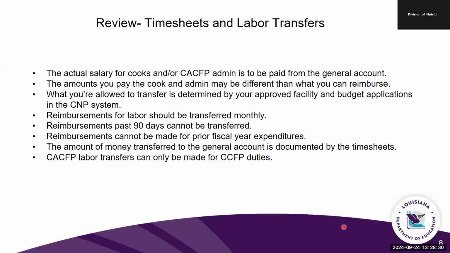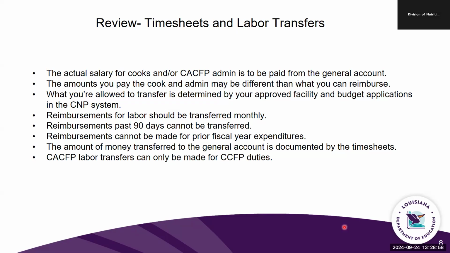The amounts you pay the cook and the admin may be different than what you can reimburse. We touched on that a little bit. The CACFP account may not be able to reimburse the full salary that you want to pay someone. It just may be able to supplement that.